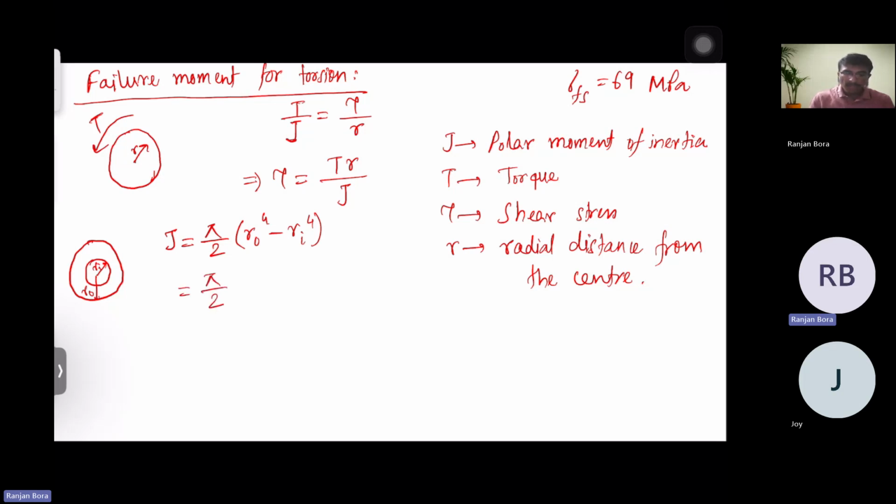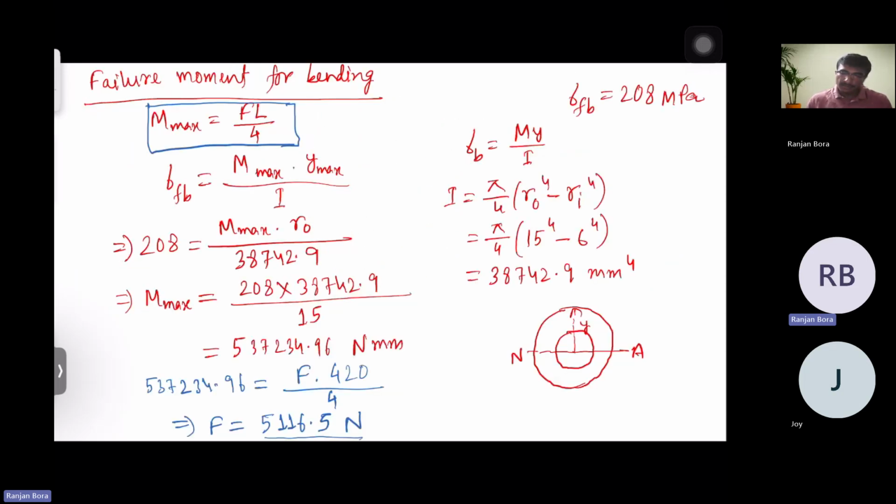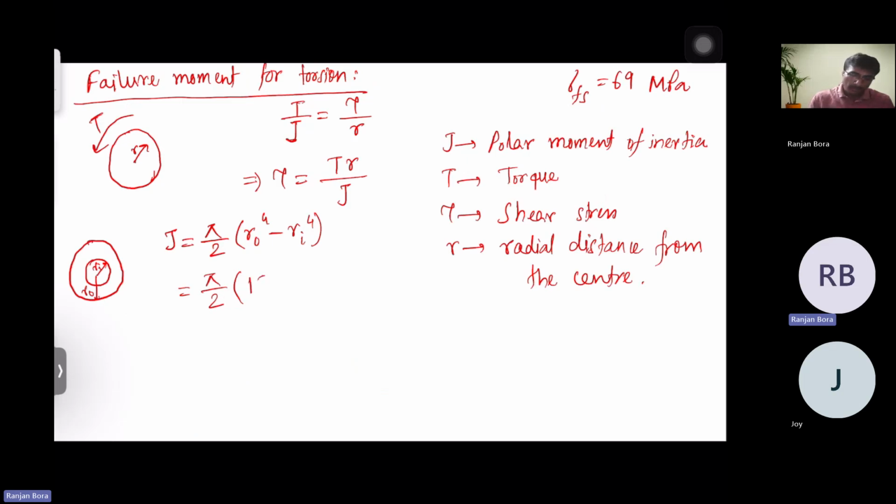We will first calculate this value of J. R naught is 15 to the power 4 minus Ri, which is 6 to the power 4.